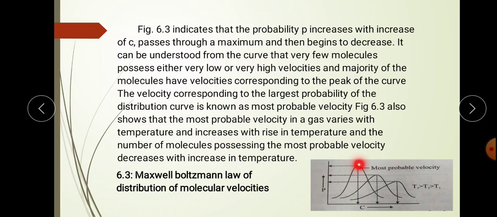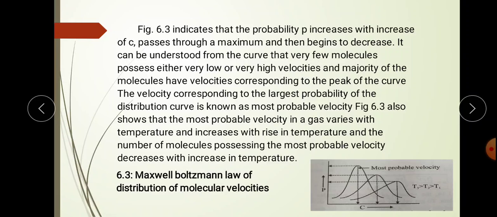The point where the maximum probability is there, or the velocity at which the maximum number of molecules possess that velocity, is known as the most probable velocity. In this figure the most probable velocity is also shown.